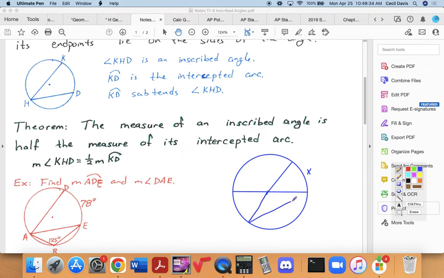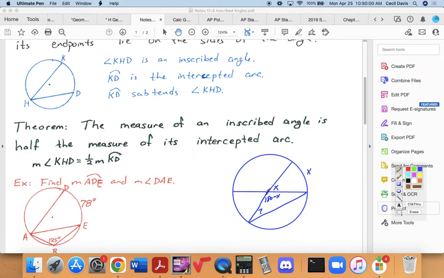And I want to know what's the measure of this. Okay, so the measure of this angle would be x, right? The central angle is equal to the measure of the arc. What's the measure of this angle going to be? 180 minus x. Exactly right. Thank you, sir. 180 minus x.